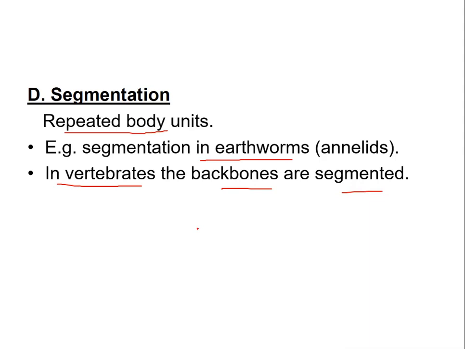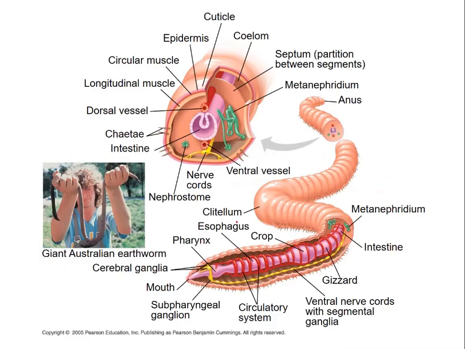That's why we have L1 until L5, for example, and T1, thoracic 1, thoracic 2, and so on. The earthworm also has repeated units because of the presence of septum, which is the partition between segments. So this is one segment, and you have another segment here, and so on. Okay, so that is the general characteristic for animals in the kingdom Animalia.